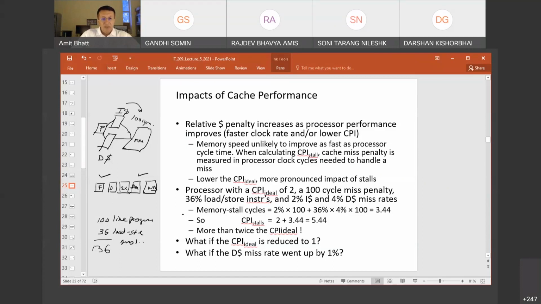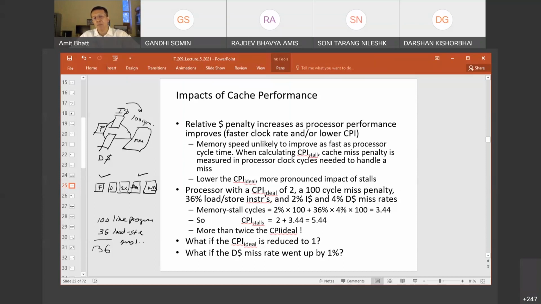Now, number of memory stall cycles. So if I have got a very small amount of misses here, right? Miss rate is only 2% for instruction cache. So 98% of the time, whatever the processor is looking for, it will find in instruction cache.